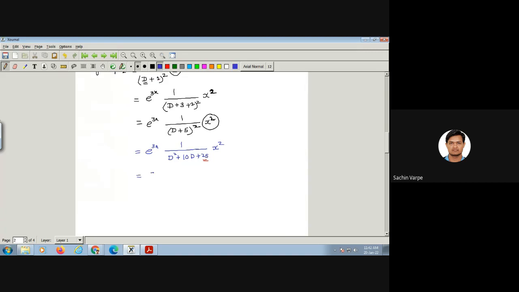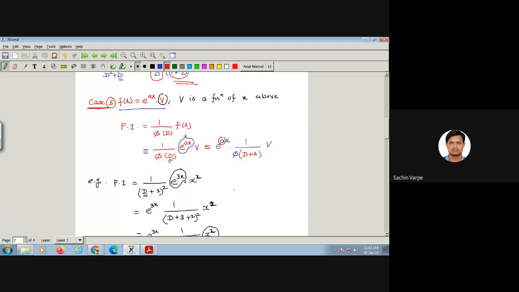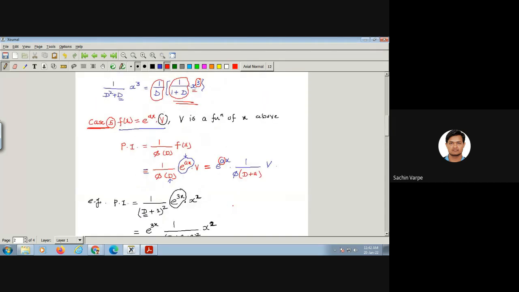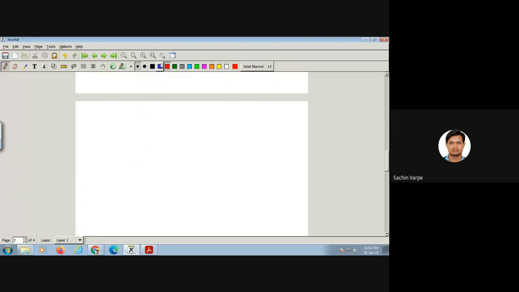So that will be e raised to 3x upon 25, and inside it will be 1 upon 1 plus (d square plus 10d) upon 25, x square. Is this clear to everyone? So this will be your p, and then we use the expansion of 1 upon 1 plus p. Okay. So we will discuss examples on this. But first of all, let us discuss all the cases, and then we will discuss the combined examples.